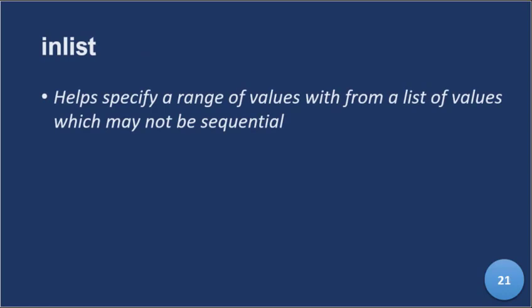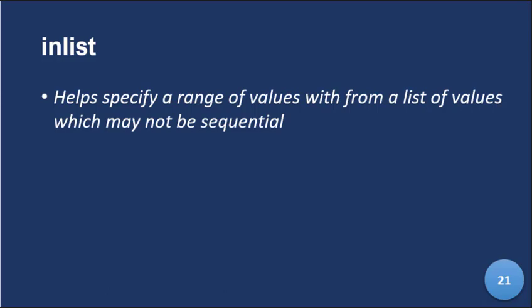We also have the in list, and this is very interesting because it's just a list of values that may not be sequential. So you just list all the items. So in list is usually longer than in range because you list all the values. So for example, in range, you say 1 comma 5 to talk about the range, 1 being the minimum, 5 being the maximum.